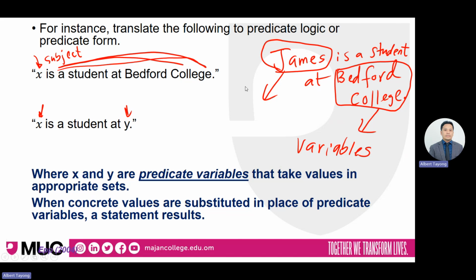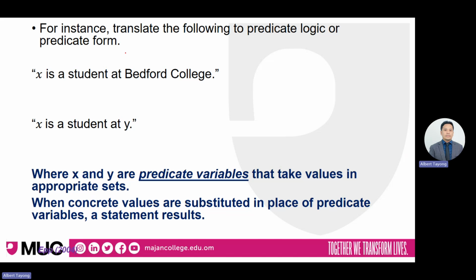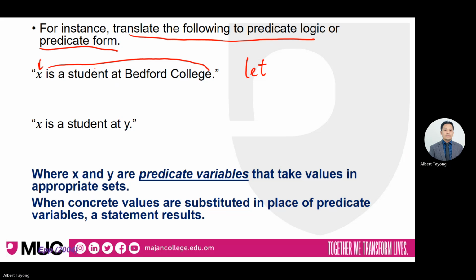So how do we answer this? How do we translate these sentences with variables into predicate form? First is to have our predicate symbol. This is our predicate. As I mentioned, a predicate is a part of a sentence that describes our subject.